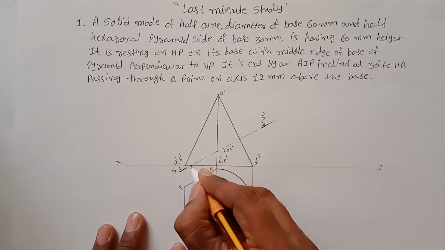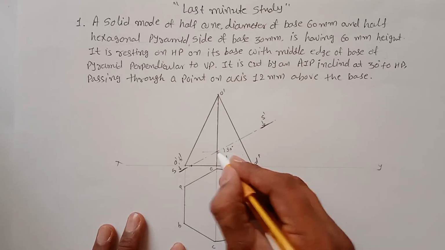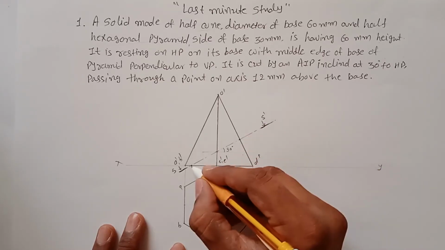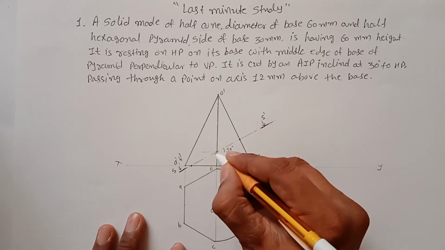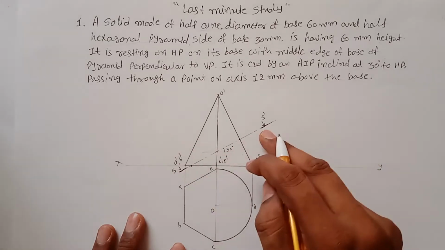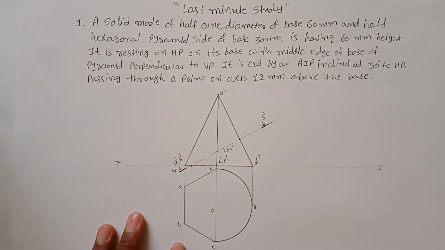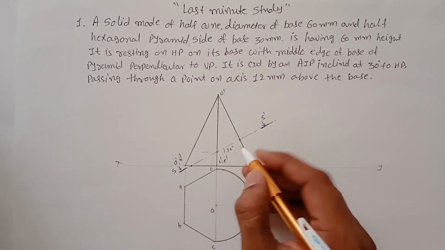So this point we are interested in. Again, this is also an edge, so this is our interested area, and this one is our corner. So our cutting plane cuts these 3 edges, and we have to transfer all the edges to our top view. So we have to transfer our sectional points.